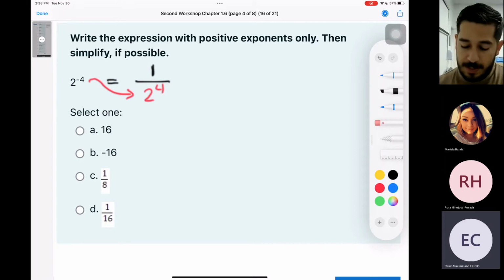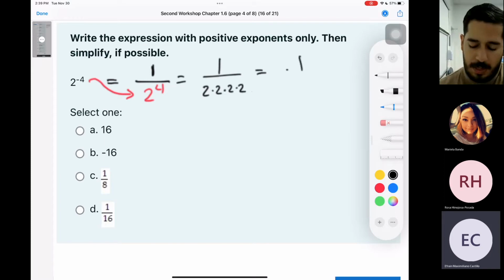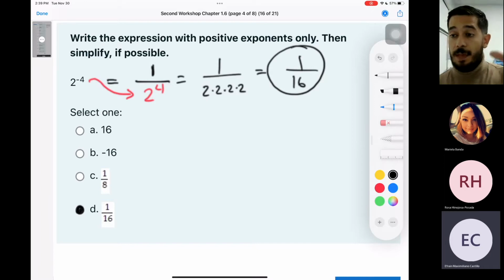If you simplify this, since there is no variable, you can get the actual mathematical result: 2 to the power of 4, 2 times itself 4 times, which is 16. So my result is 1 over 16. So 2 to the power of negative 4 means 1 over 2 to the power of 4. That way you get rid of the negative exponents.